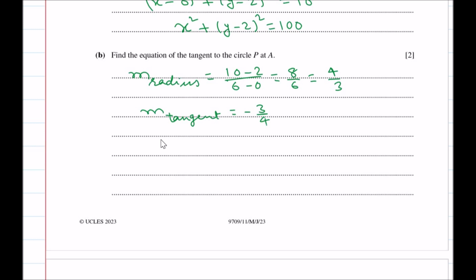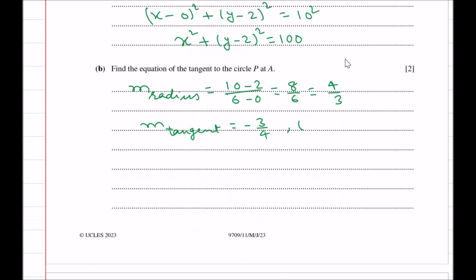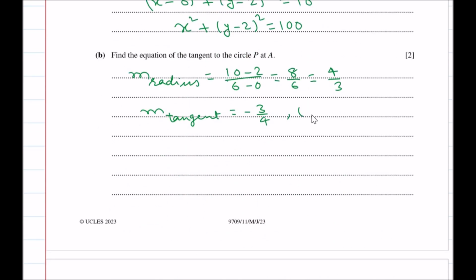Now we'll write the equation of the tangent. Gradient known. It is passing through the point 6, 10. As you can see in the diagram here 6, 10. Right? So let us write the point here 6, 10. So y minus y1, that is 10, is equal to minus 3 by 4 into x minus 6.